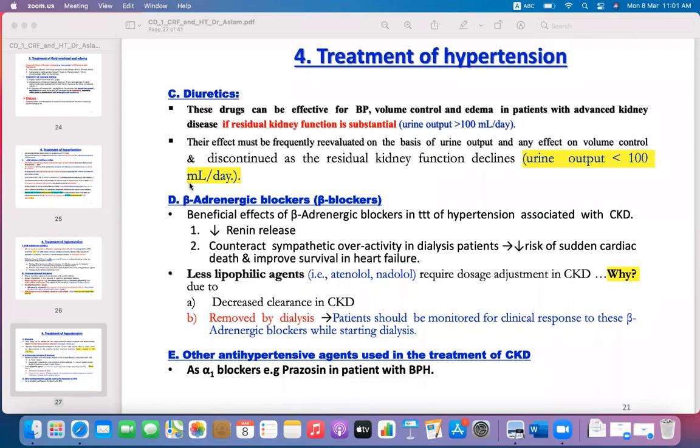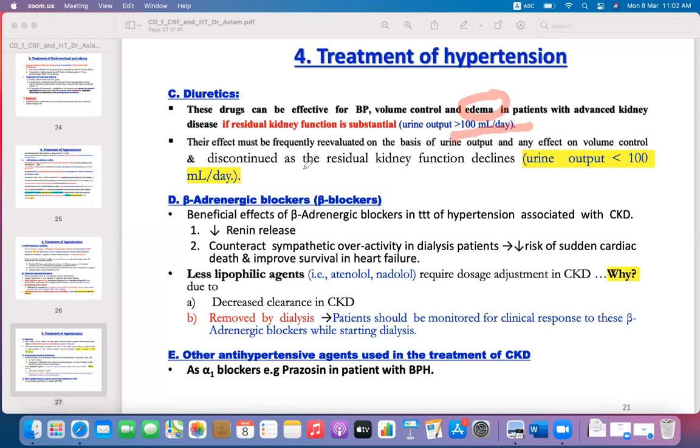We have the next option, diuretics. If the patient has edema, and in our case the patient has edema, these drugs can be effective for blood pressure, volume control and edema in patients with advanced kidney disease, and if residual kidney function is substantial, urine output more than 100 ml per day.